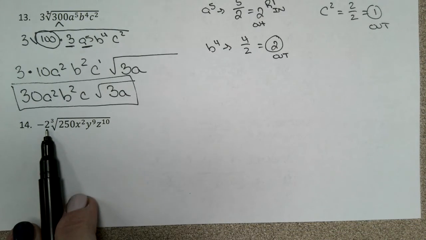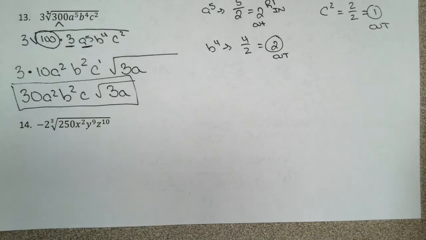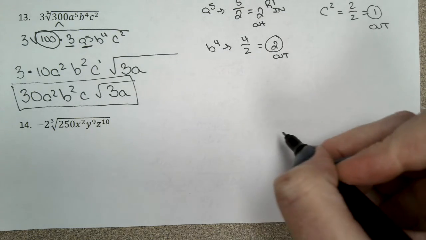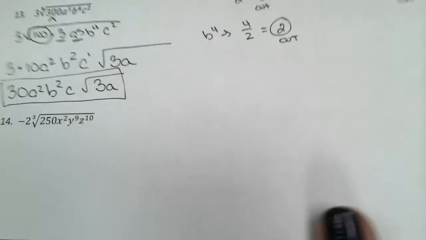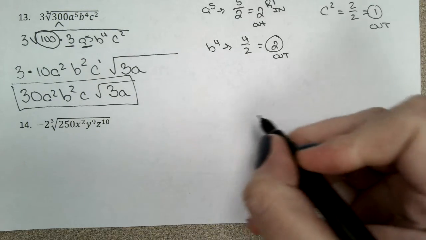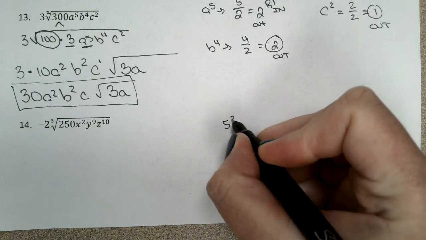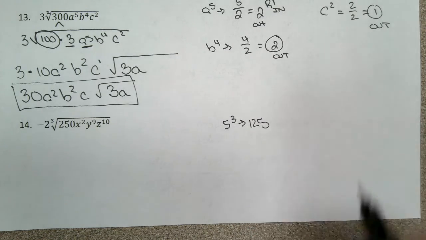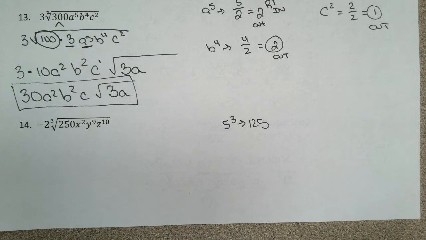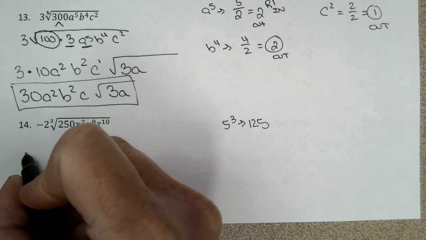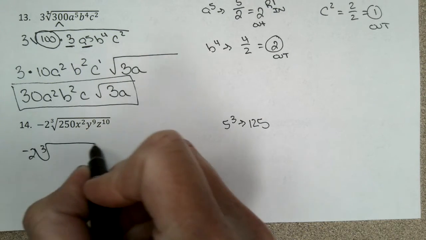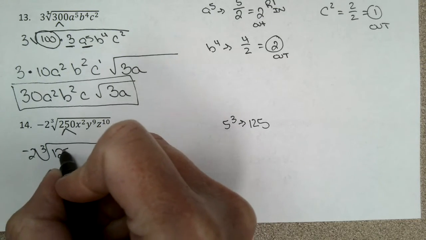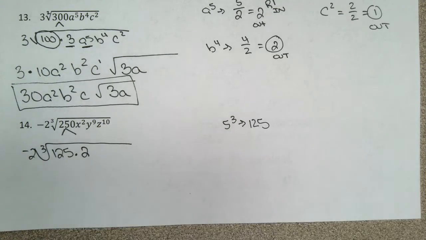And then our last one is a cube root. So I need perfect cubes. When I did this a minute ago, I remember that 5 cubed is 125, so that's my perfect cube. And so 250 is 125 times 2.